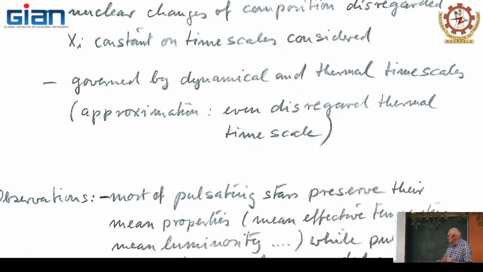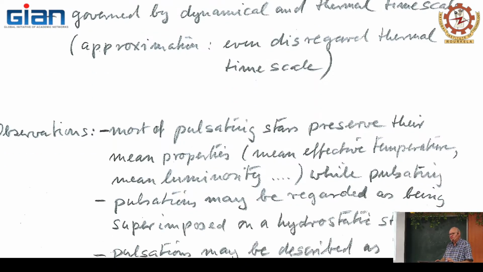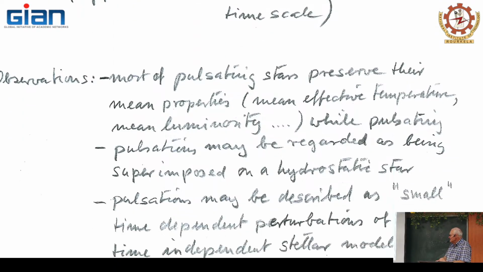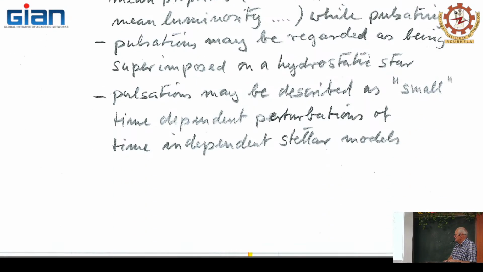Okay, that means we are dealing with small changes. Small means changes of the respective quantities like luminosities around the mean or the stationary value. So these pulsations are small variations of the mean quantities. Pulsations are described as small time-dependent perturbations of the time-independent stationary or hydrostatic stellar model.